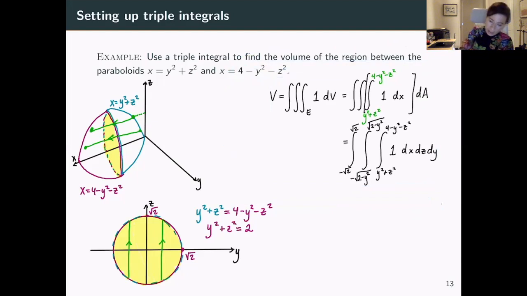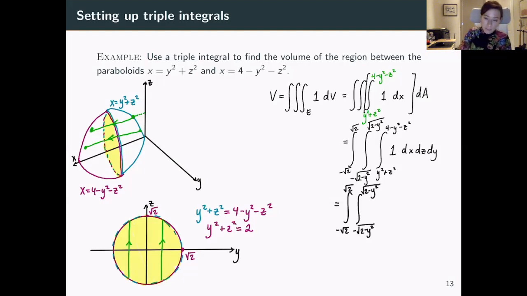So I've got my limits of integration going from negative root 2 to root 2. I have my second limits, negative square root of 2 minus y squared, to 2 minus y squared on the top.